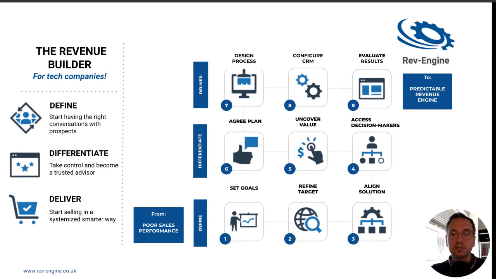We basically used all of that knowledge, tools and techniques to put this program together. The program is aimed at helping growing technology vendors go from a place where sales performance isn't what it needs to be to a place where sales performance is predictable.